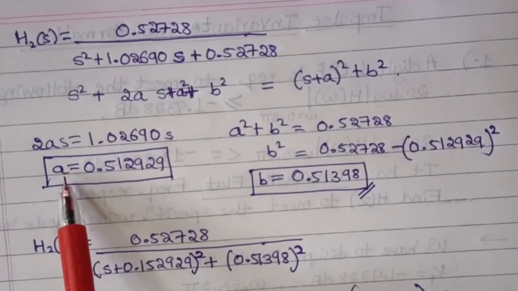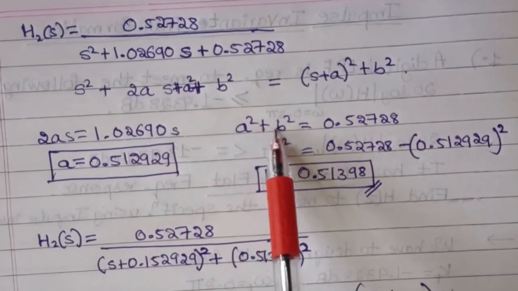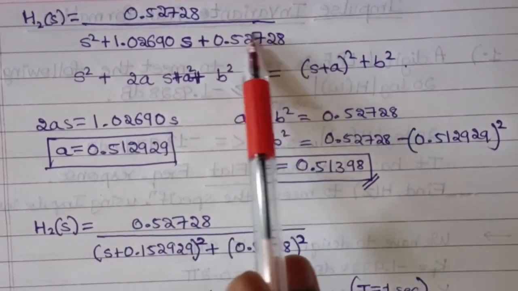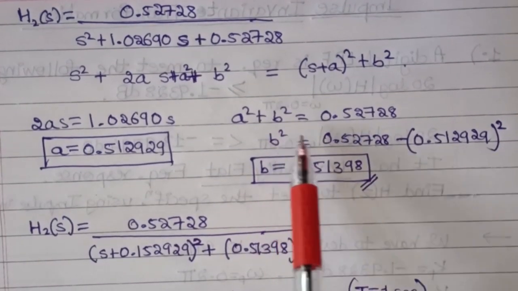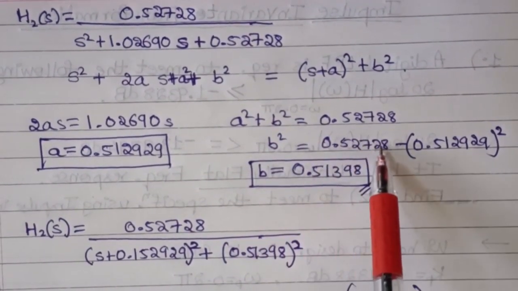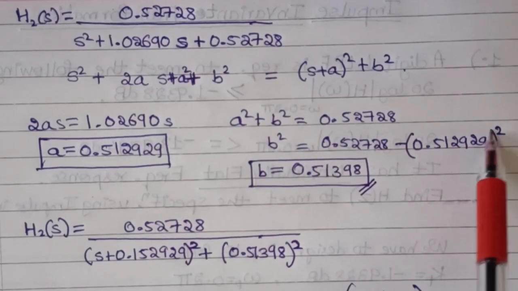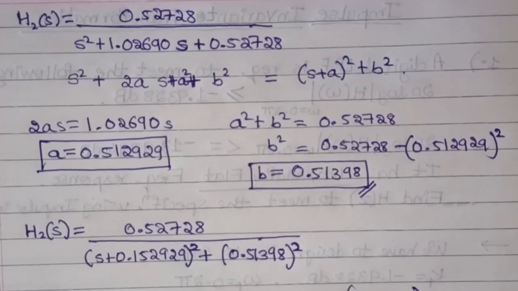Equating the same, we get a = 0.512929. We know the value of a, hence b is the square root of 0.52728 minus a squared. Hence b is 0.51398.